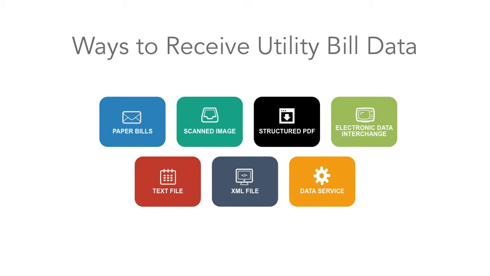File types, when we're talking about billing data, can range from the paper bills, literally the traditional mail service bills in their envelopes, account by account, arriving usually every month. On the other end of the spectrum will be things like the larger investor-owned utilities offering web services, maybe true APIs.